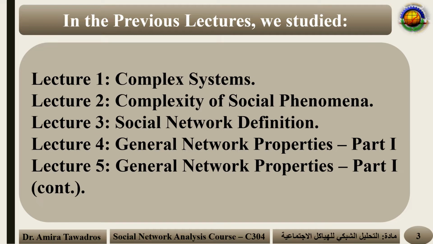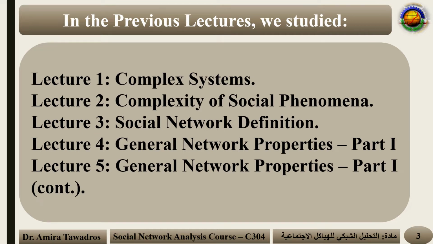And then in lecture 2 we studied the complexity of social phenomena. We first define what complexity means, and then we try to understand the complex nature of social phenomena, and we represented social phenomena as a complex adaptive system. Social phenomena in general includes people and organizations and institutions interacting together.